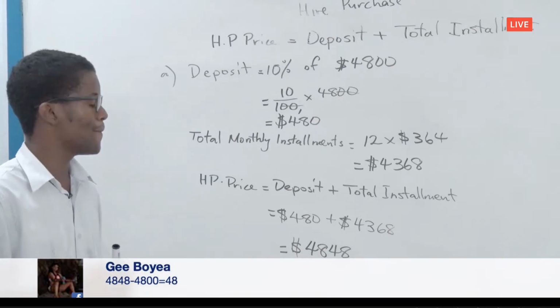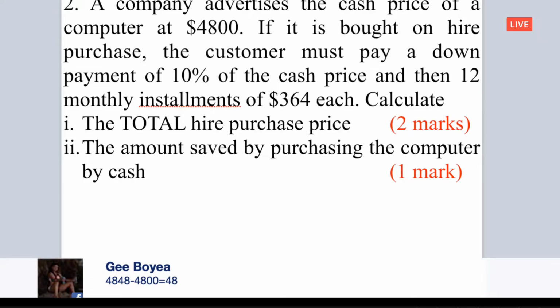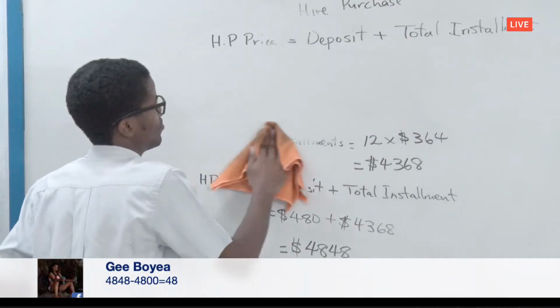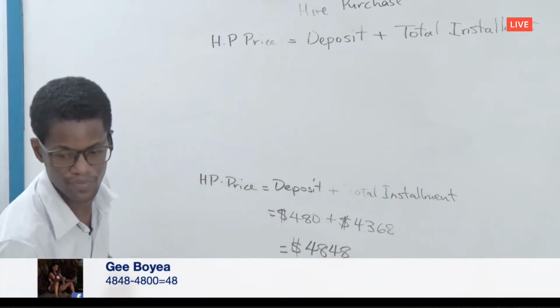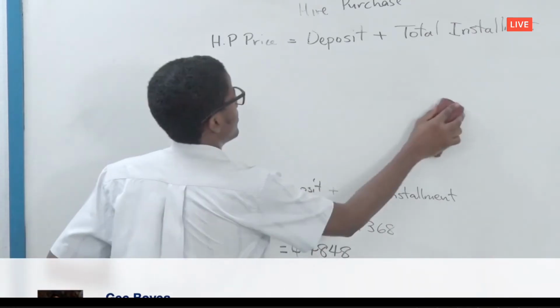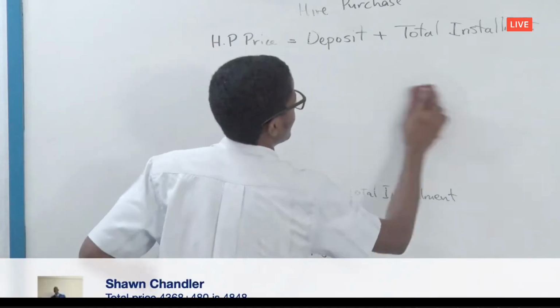And now we are going to the B part. Any question before we move into the B part, class? In the B part, we are asked to calculate the amount saved by purchasing the computer by cash. Let me make sure I have cleared this part of the board because we have finished with this part. Good.